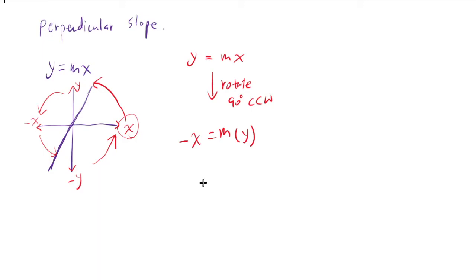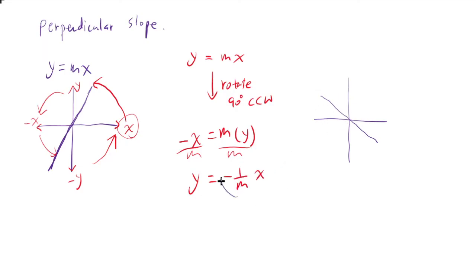If you want to solve for y, you divide both sides by m, and the result is y equals negative 1 over m times x. The claim is that if you indeed do this, you are going to get a line that's perpendicular to your previous line. So we had this line, right? This one would be 90 degrees to the previous line.